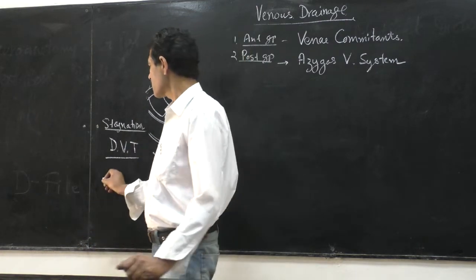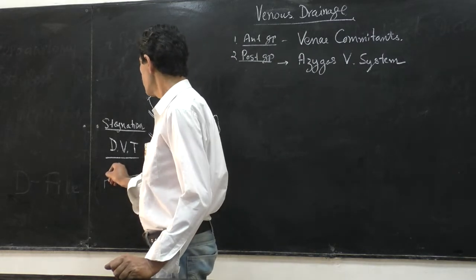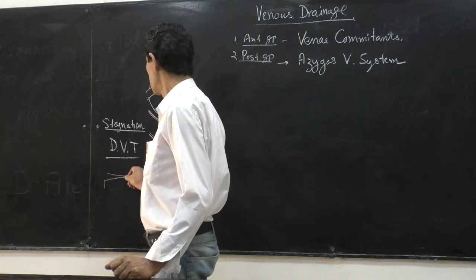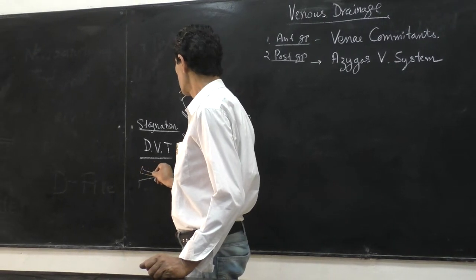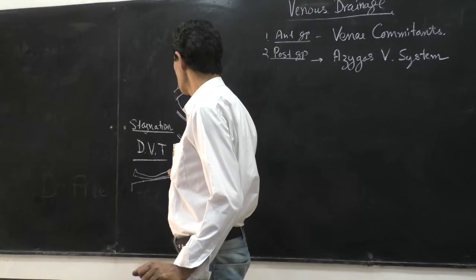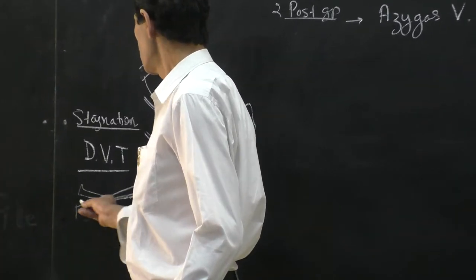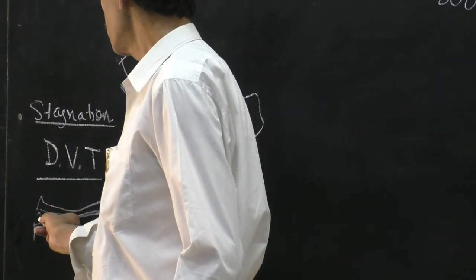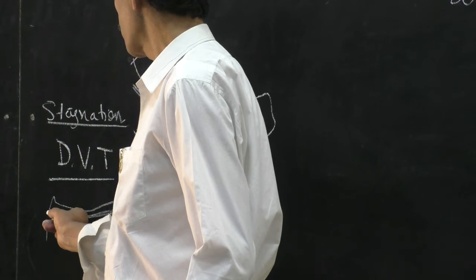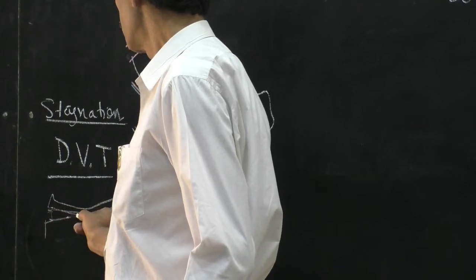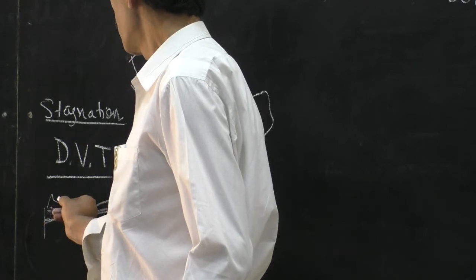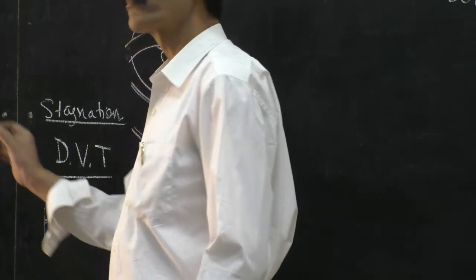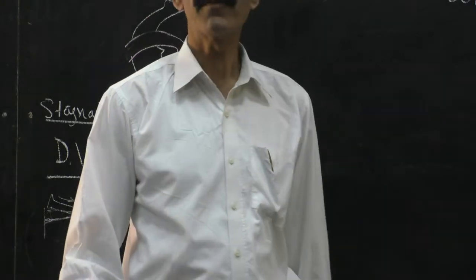So these are the measures taken for the patient lying in the supine position in the hospital. The foot end of the bed is raised 15 or 20 degrees, and this will help the gravity drainage and prevent DVT.